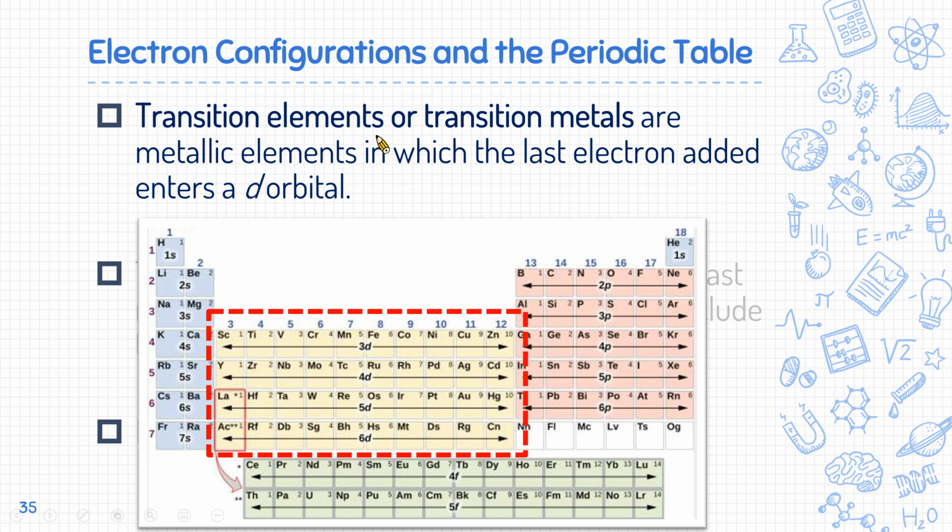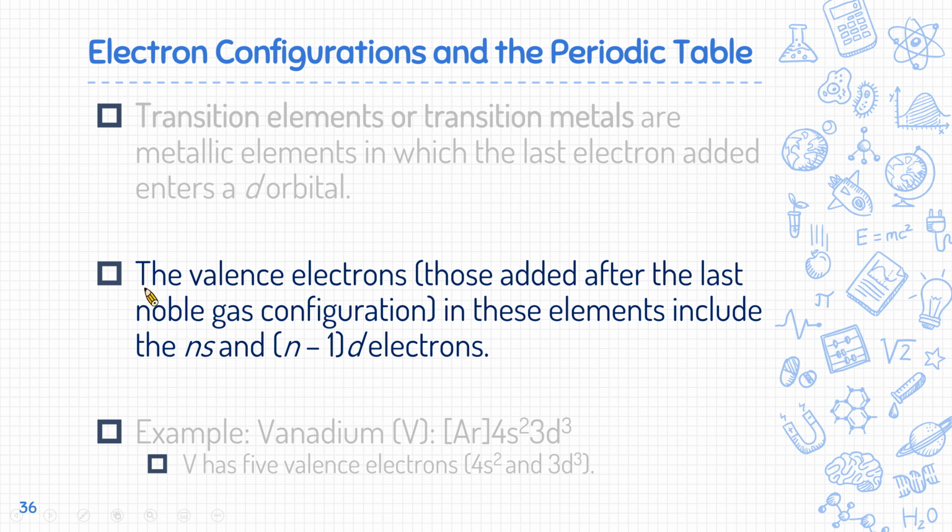Transition elements or transition metals here are metallic elements in which the last electron added enters a d orbital, here 3d, 4d, 5d, and 6d. The valence electrons, those added after the last noble gas configuration in these elements, include ns and (n-1)d electrons.